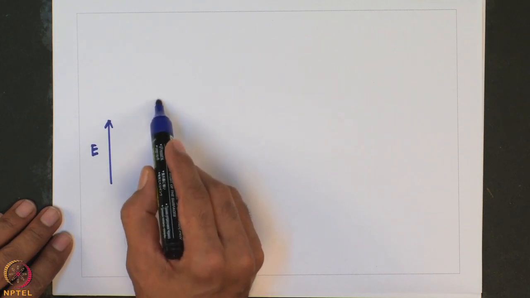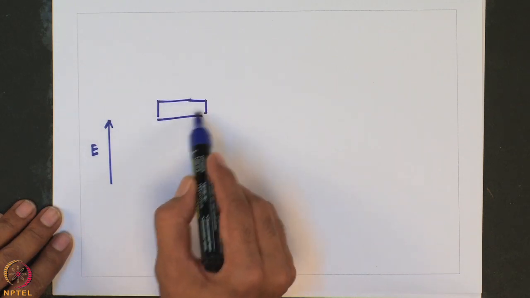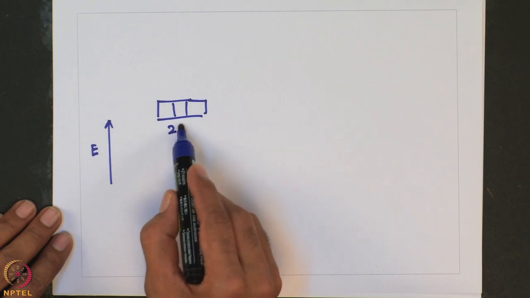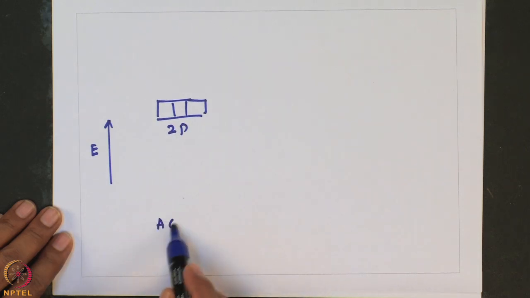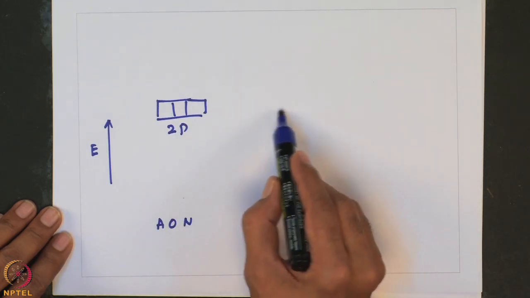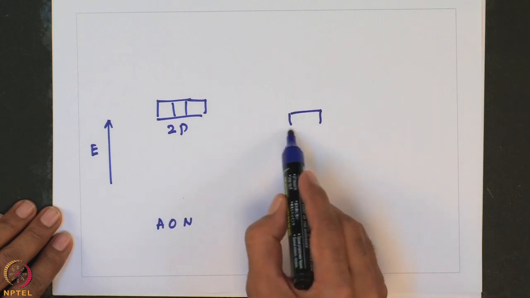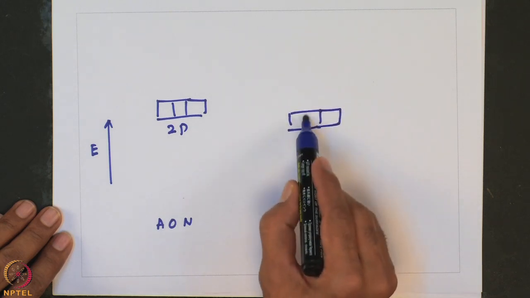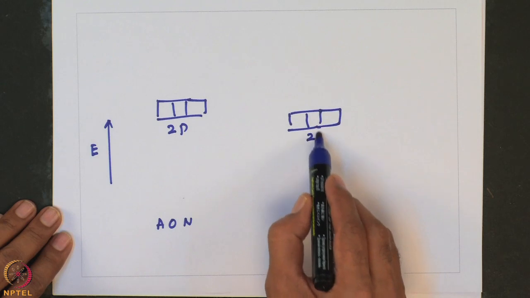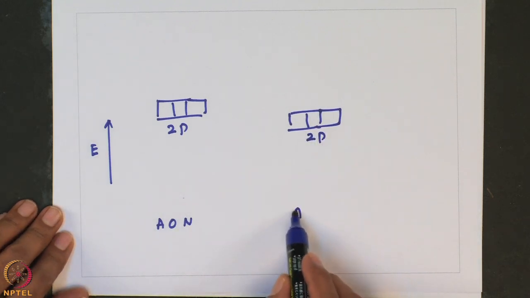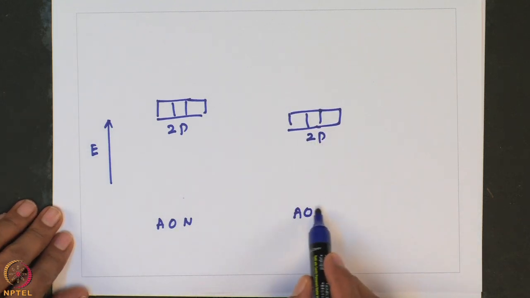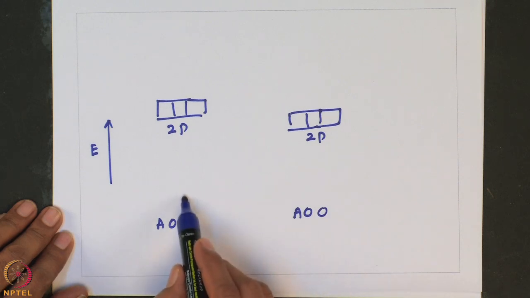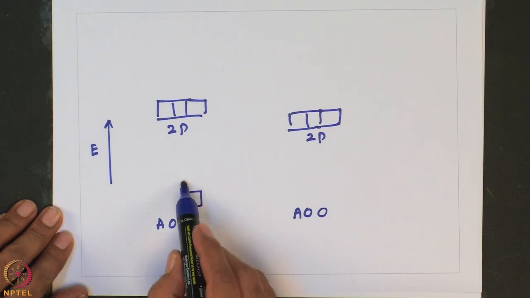Here I am considering the 2p atomic orbital of nitrogen and, a little lower in energy, the 2p atomic orbital of oxygen, and then I am considering here 2s.